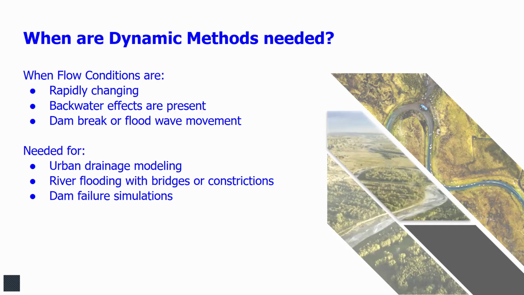So dynamic methods are needed for urban drainage modeling, river flooding with bridges or constrictions, and dam failure simulations. These are the common uses of dynamic methods.